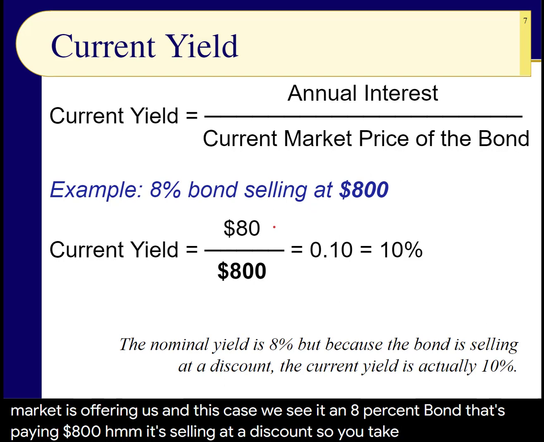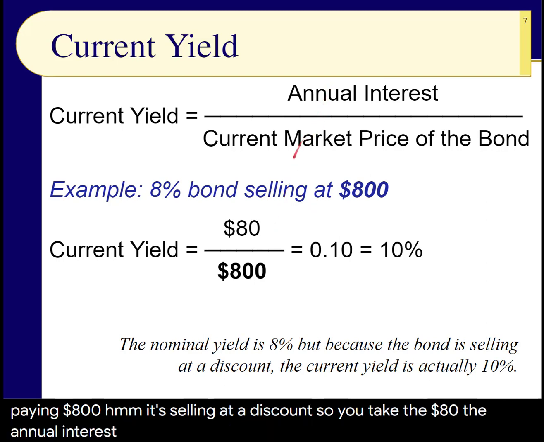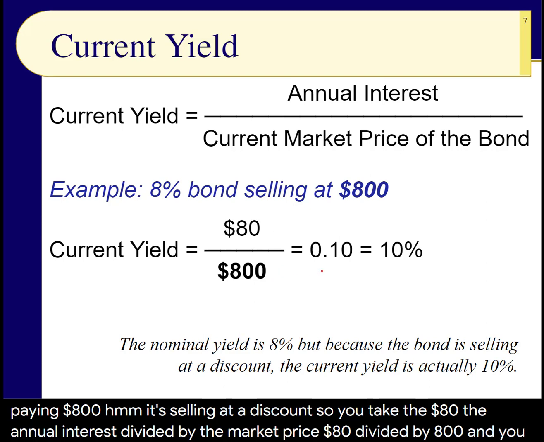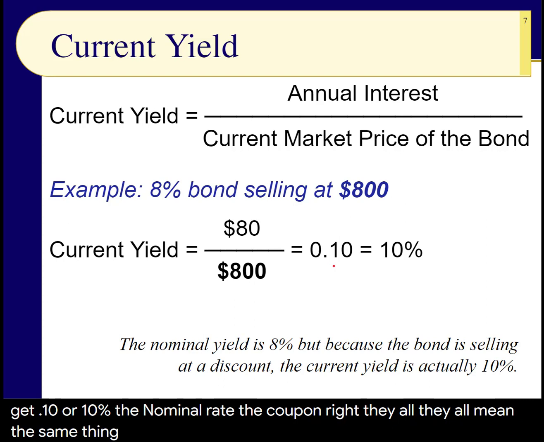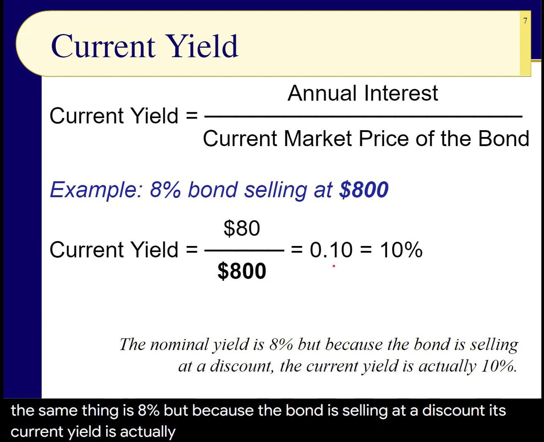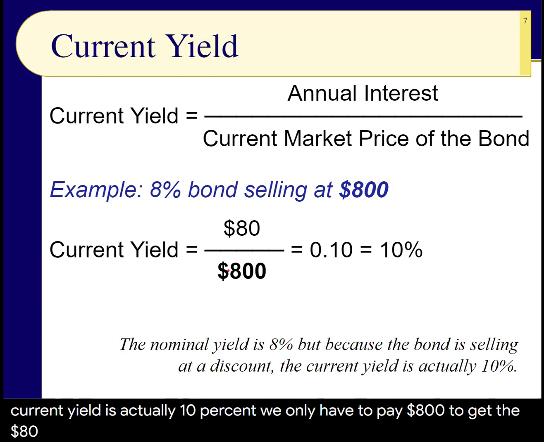So you take the $80, the annual interest, divided by the market price, $80 divided by $800, and you get 0.10 or 10%. The coupon yield, the nominal yield, the nominal rate, the coupon rate, they all mean the same thing, is 8%. But because the bond is selling at a discount, its current yield is actually 10%. We only have to pay $800 to get the $80 from the bond. So its current yield is 10%.